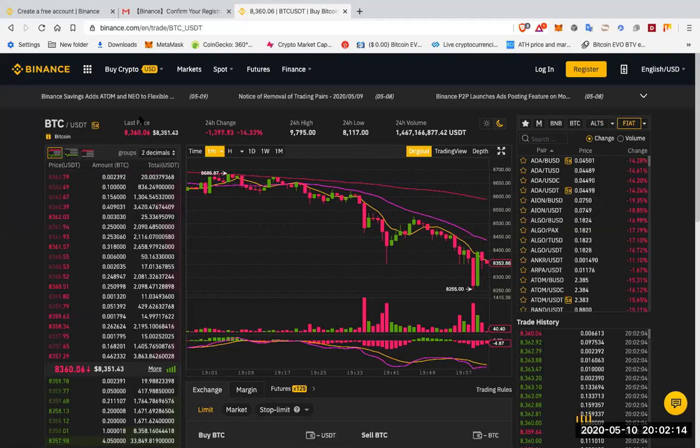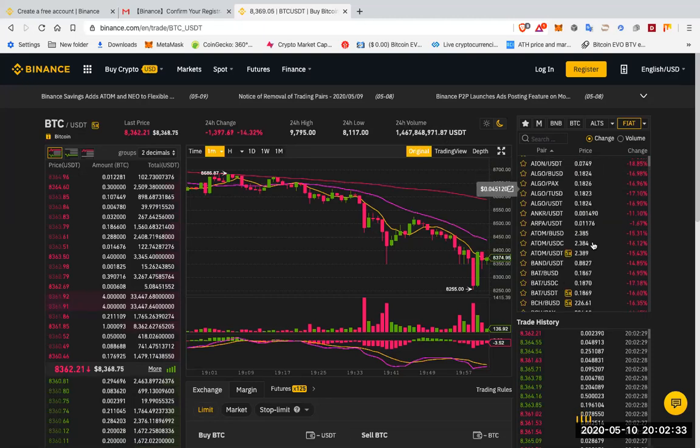So you will meet here last price, 24h change of price, 24h high, 24h low, 24h volume. This is the volume, meaning the amount of the coin traded. That's the volume. Also, you will meet some different colors here.